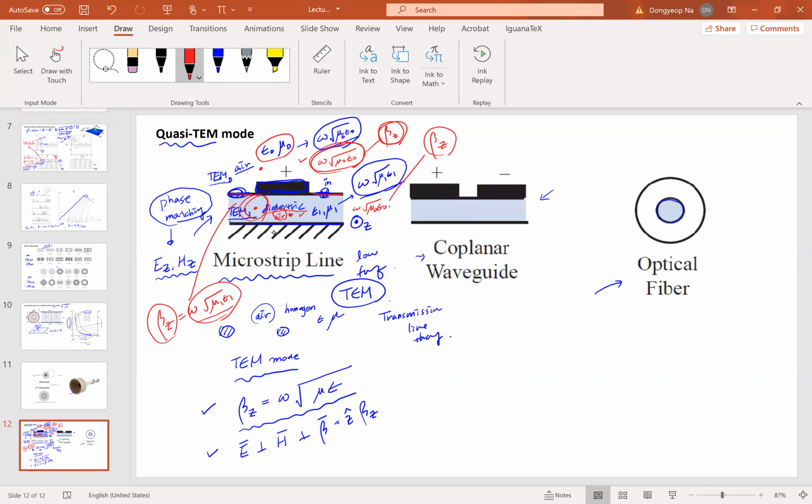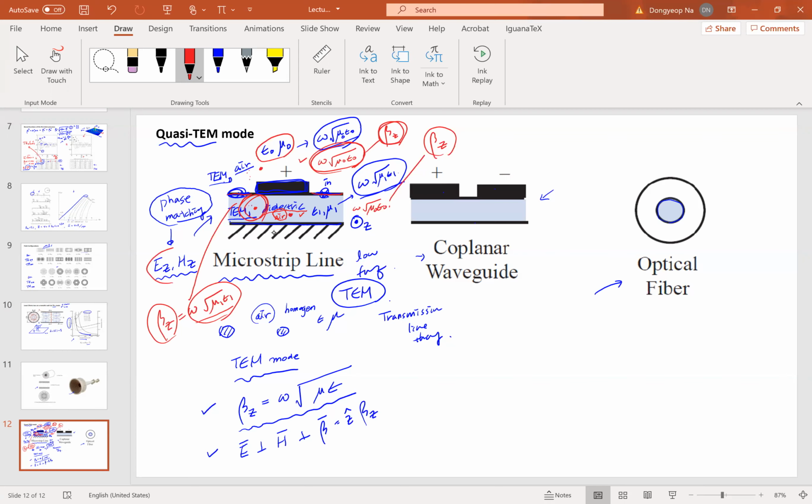That means that a pure TEM wave in different regions cannot be supported. But the field takes a very complicated form such that phase is matched and all the boundary conditions are satisfied.